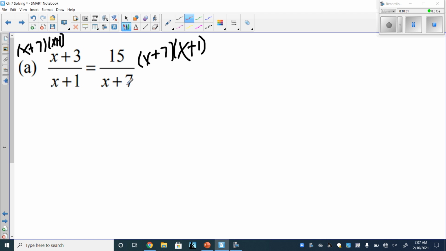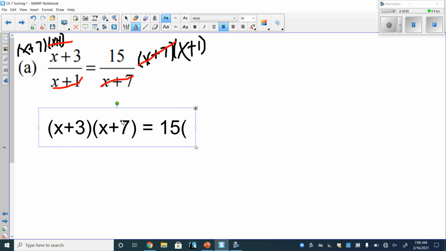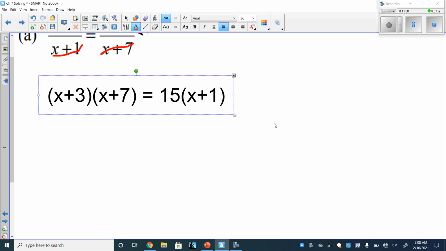We can see that this x plus 7 and this x plus 7 would cancel, and here the x plus 1 and the x plus 1 would cancel. Let's see what's left over. I would have the x plus 3 times the x plus 7 on one side is equal to 15 times x plus 1.